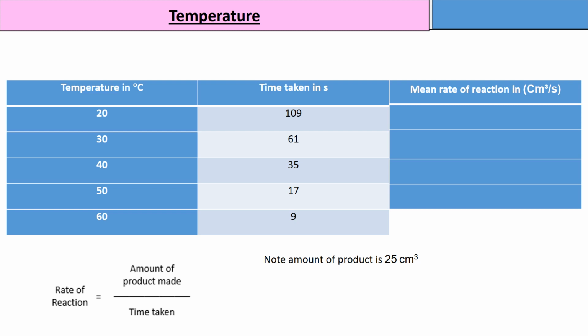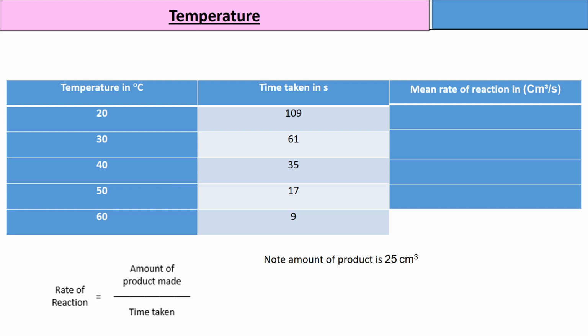The amount of product made is going to be 25 centimeters cubed for every experiment, and then you divide that by the time taken. You should get a mean rate of reaction in centimeters cubed per second. So how many cubic centimeters of gas is produced every second? Divide 25 by the time taken, and you should get a mean rate of reaction.